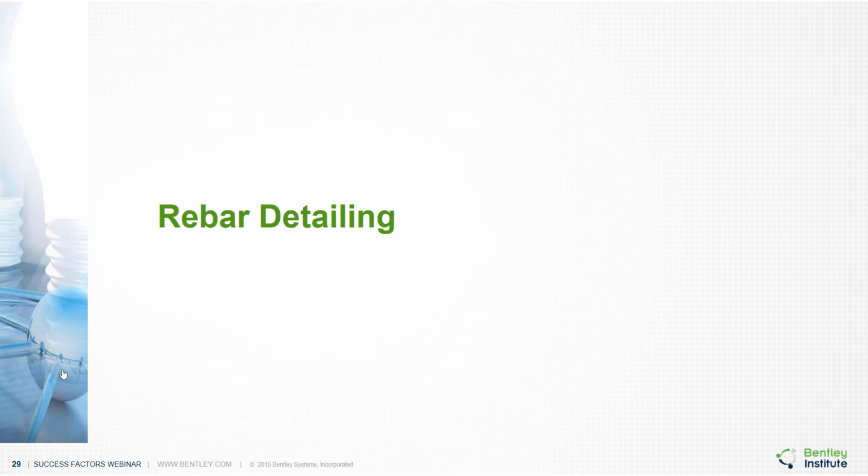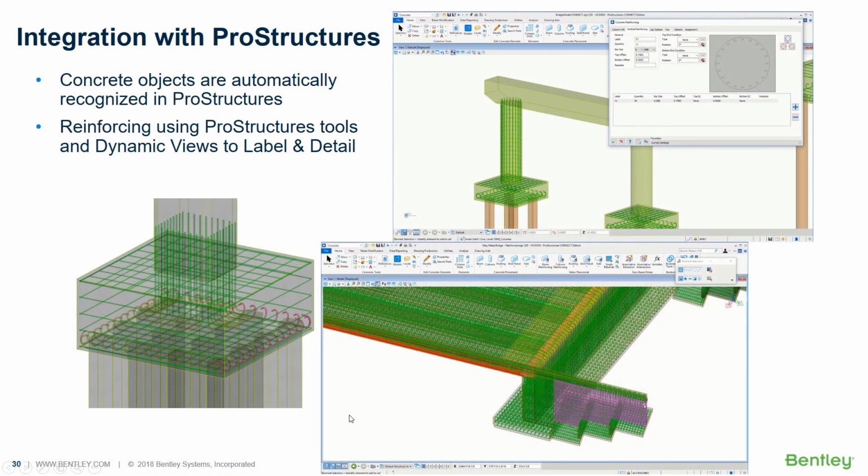Now, the next step on annotation, right? It will be rebar detailing. Now, this rebar detailing is done in ProStructures, ProSteel, ProConcrete, with the advantage that, as I said before, you are the owner of your model, right?